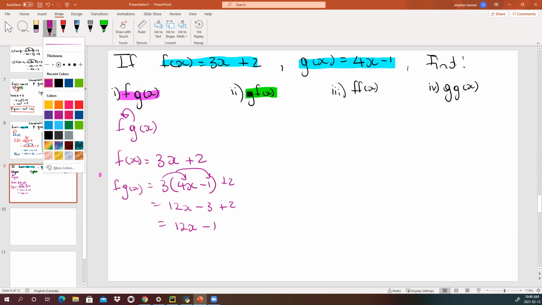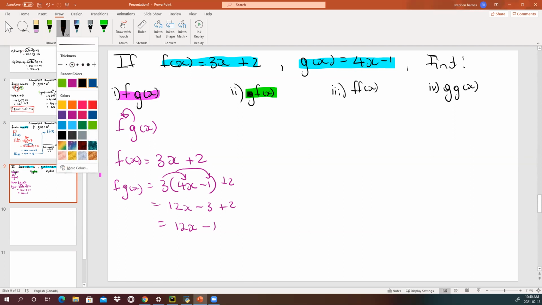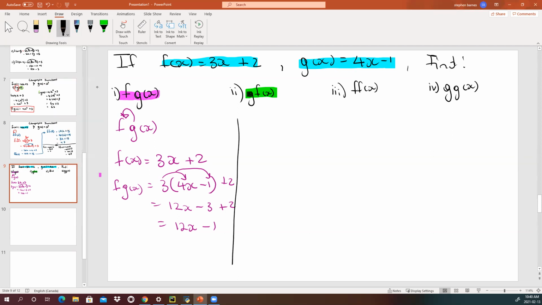All right, so let's move on to the next one, which is g of f of x. So in this instance, we have g, meaning you're putting the f function into the g.